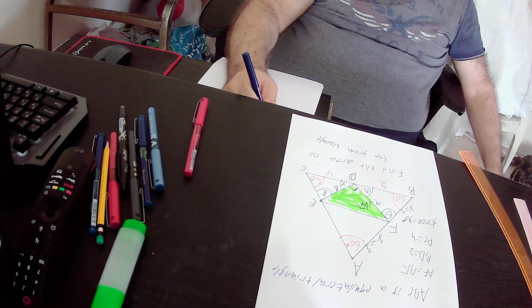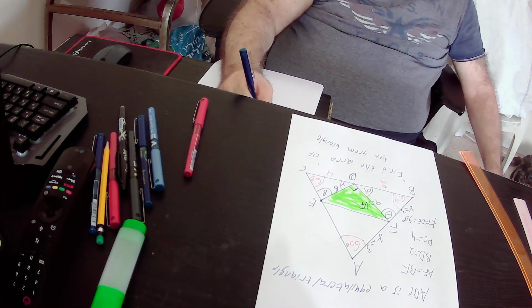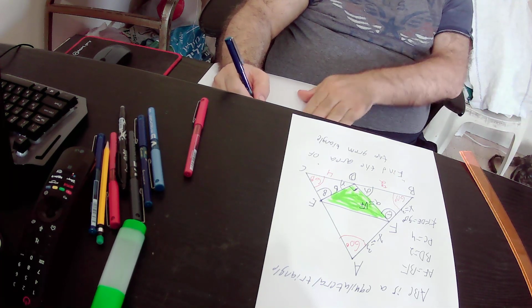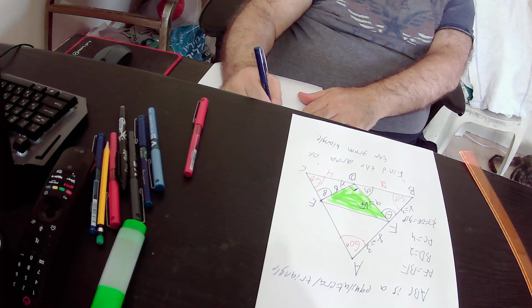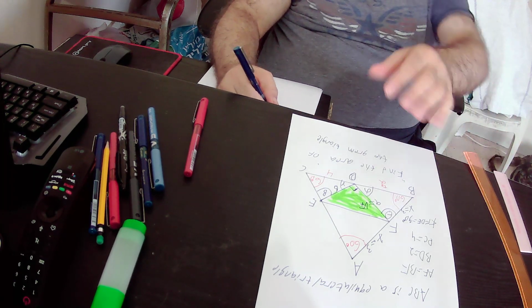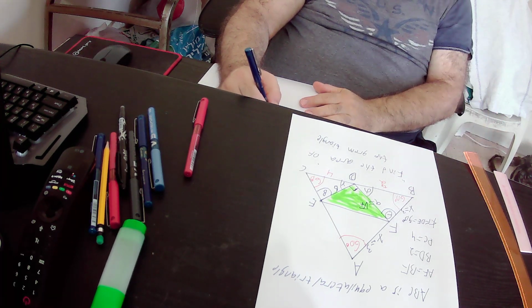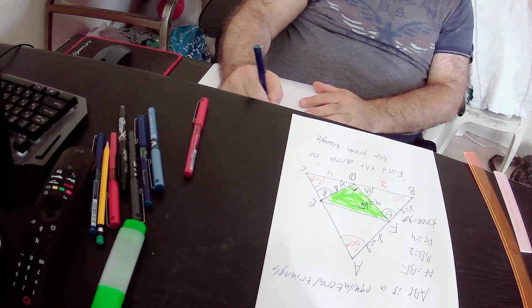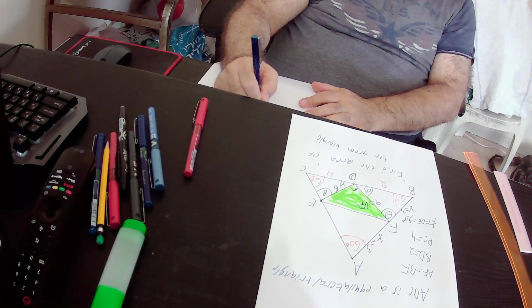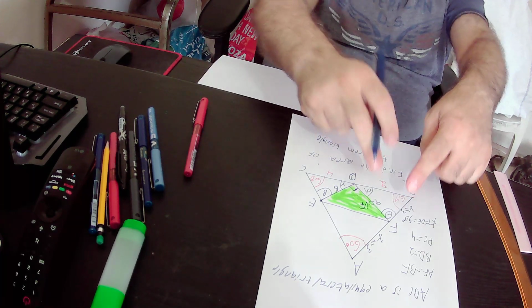In triangle BFD, FD over sine 60 degrees equals BD over sine theta.